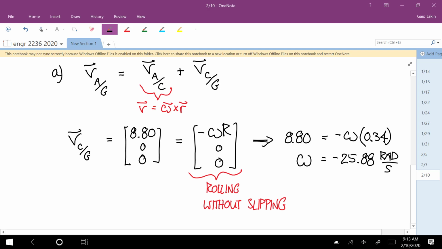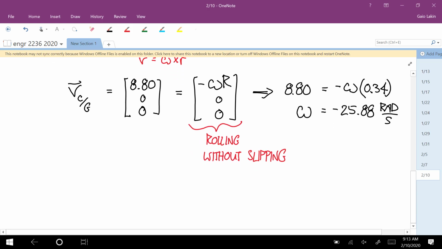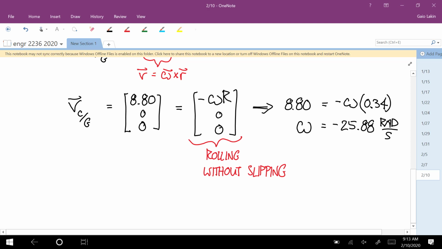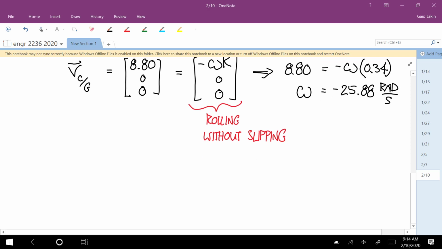And this is velocity in the x direction. So this is not circular. The velocity of the center is a regular velocity in meters per second in the x direction. Omega is an angular velocity, so this is the z component of the angular velocity.